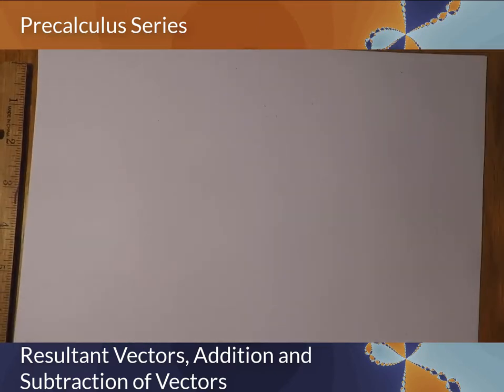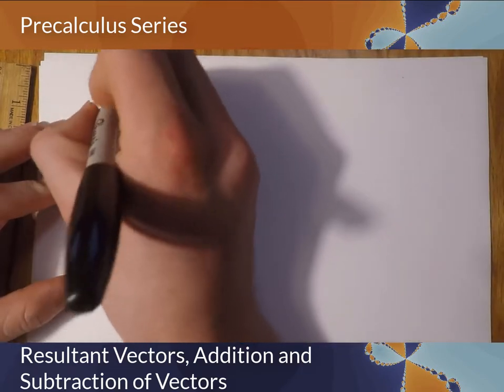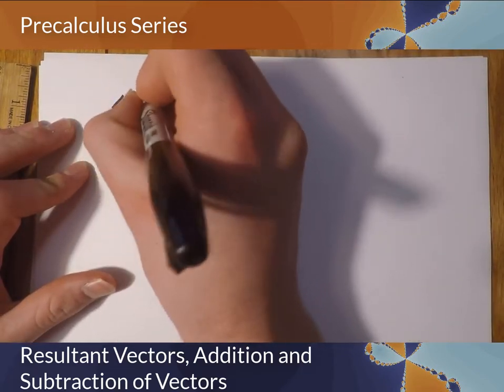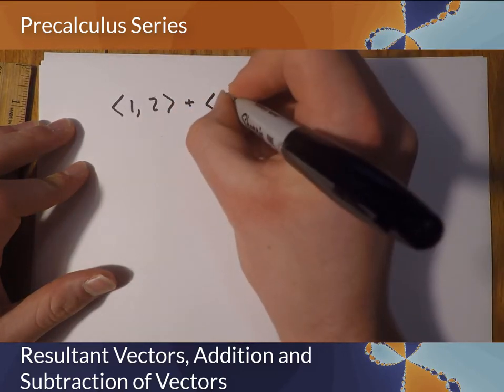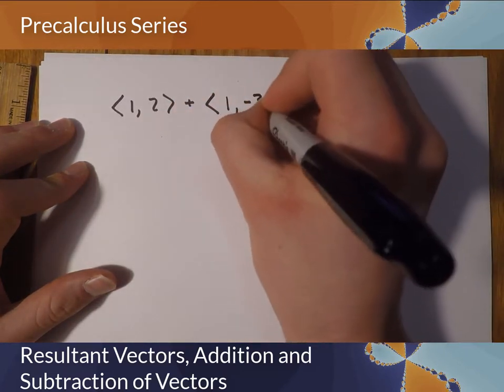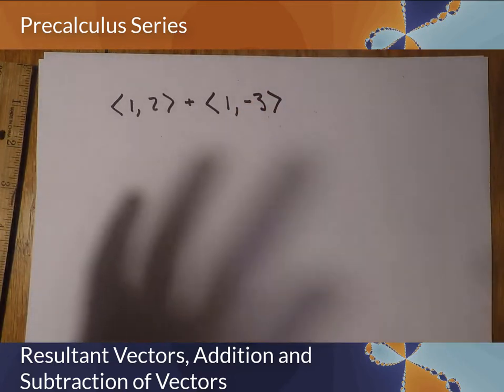All right, so you're using the tip to tail method, you're using the formula, and everything is going great, but all of a sudden you see a problem that looks like this. 1, 2 plus 1, negative 3. And you're looking at that and you're just like, oh no, this is horrible.